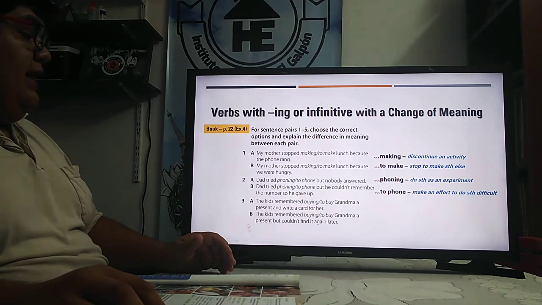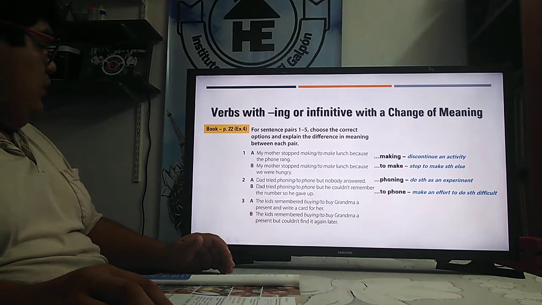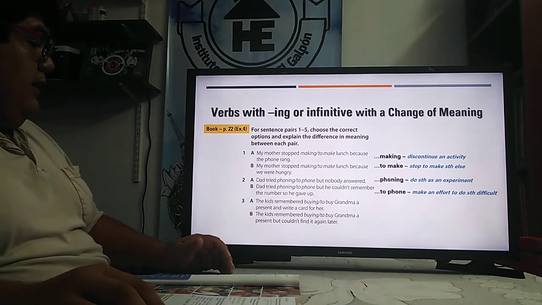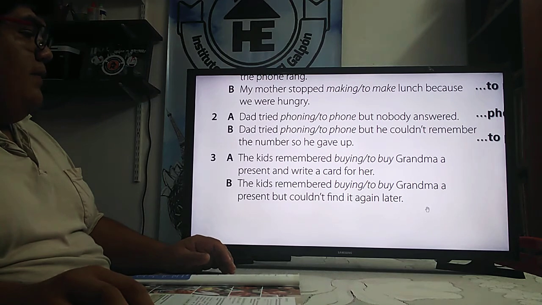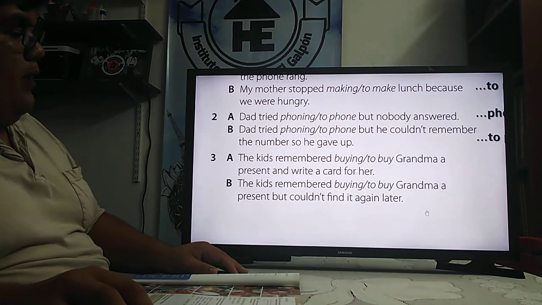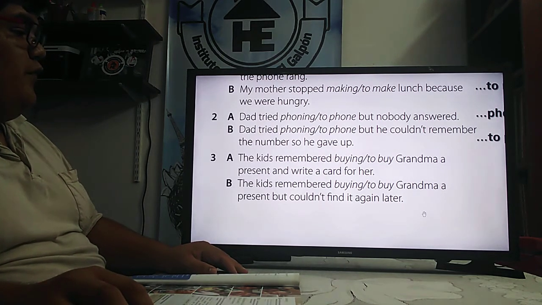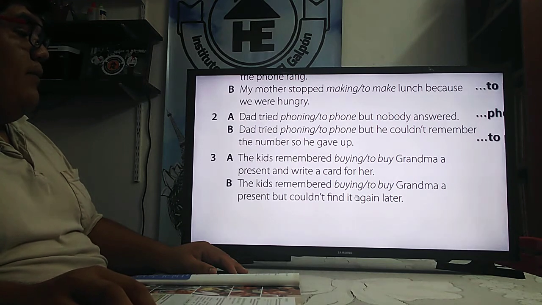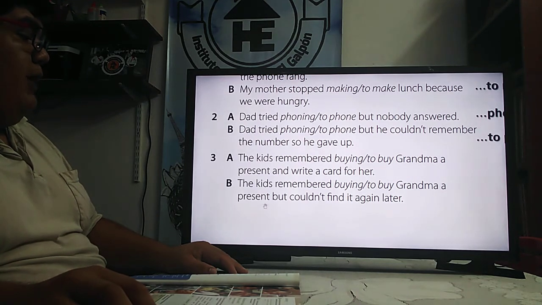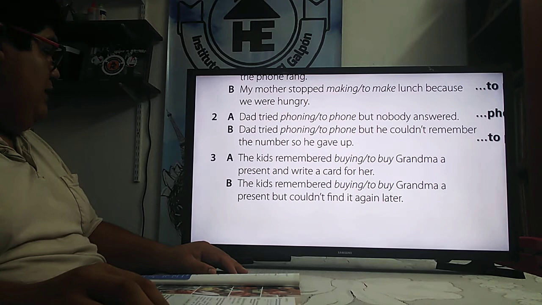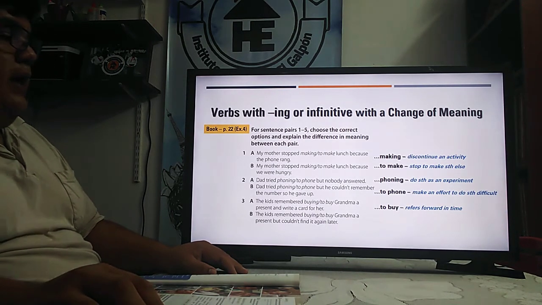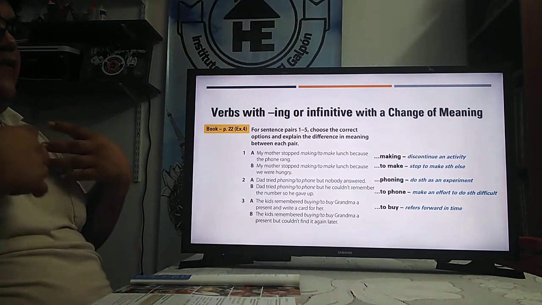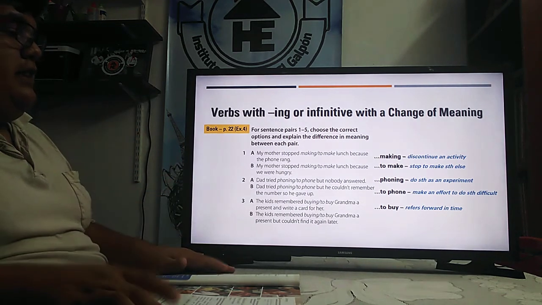And then we have the kids remembered buying or to buy. Let's zoom it up, yes? The kids remembered buying or to buy grandma a present and write a card for her. And the kids remembered buying or to buy grandma a present but couldn't find it later. So let's see. In the first case it is to buy because it refers forward in time, okay?